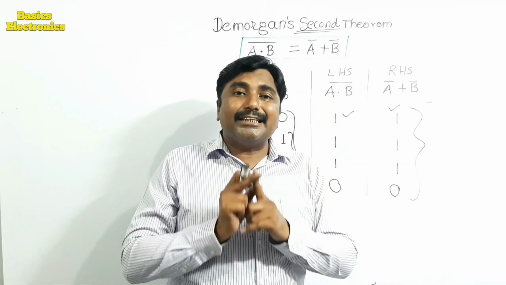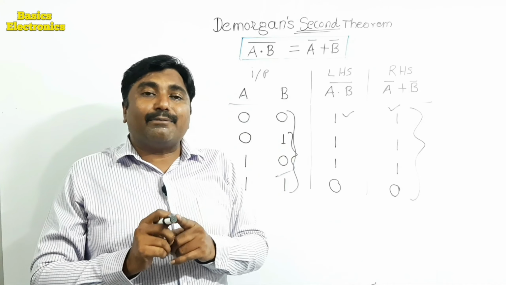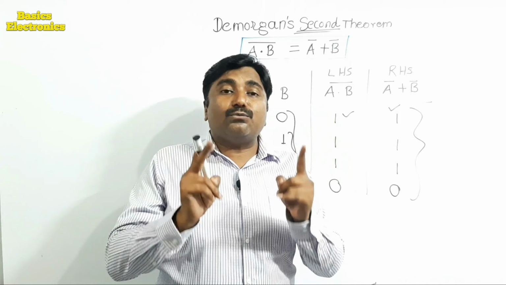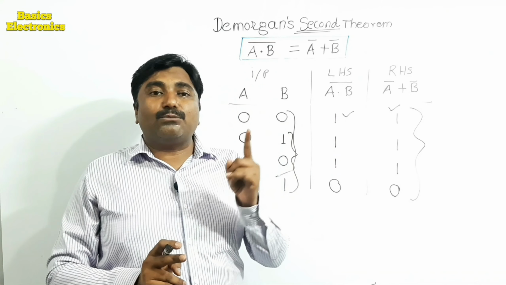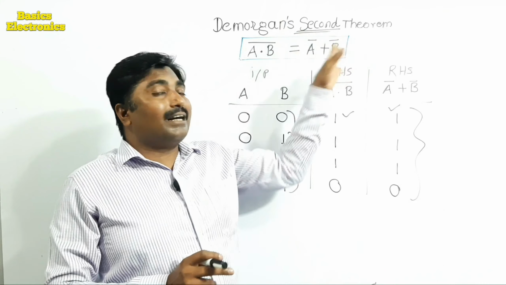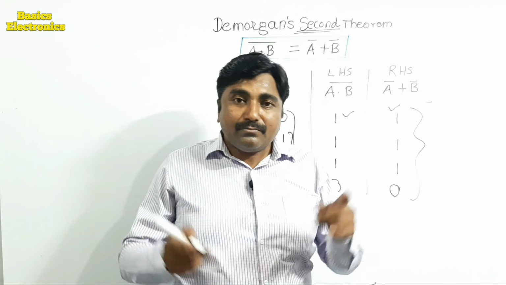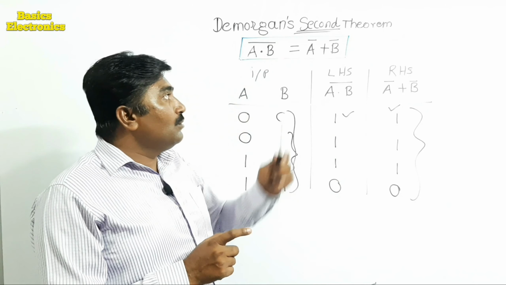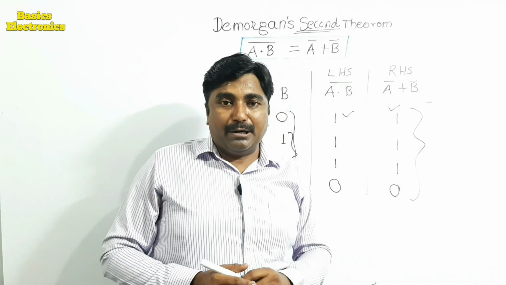Okay, so the writing sequence we have to follow remains the same as that of the first theorem. First we have to write down the statement, that is the logical statement of De Morgan's second theorem. It states that the complement of a logical product equals the sum of the complements.